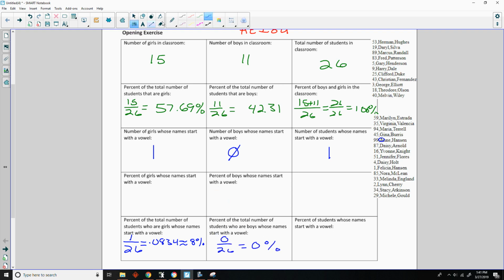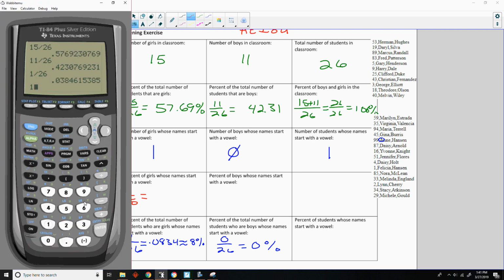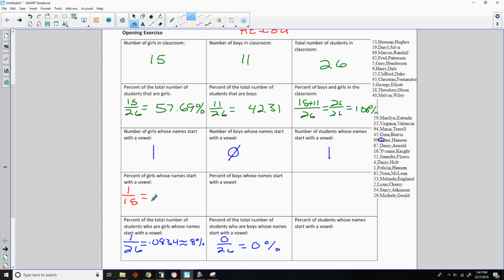All right. So now I'm going to answer these questions. This is percent of the total number of students who are girls. Percent of girls whose names start with a vowel would be 1 out of the number of girls, which is 15. 1 out of 15. And that as a percent is 1 divided by 15, which is 0.06 repeating, or about 7% when I round.